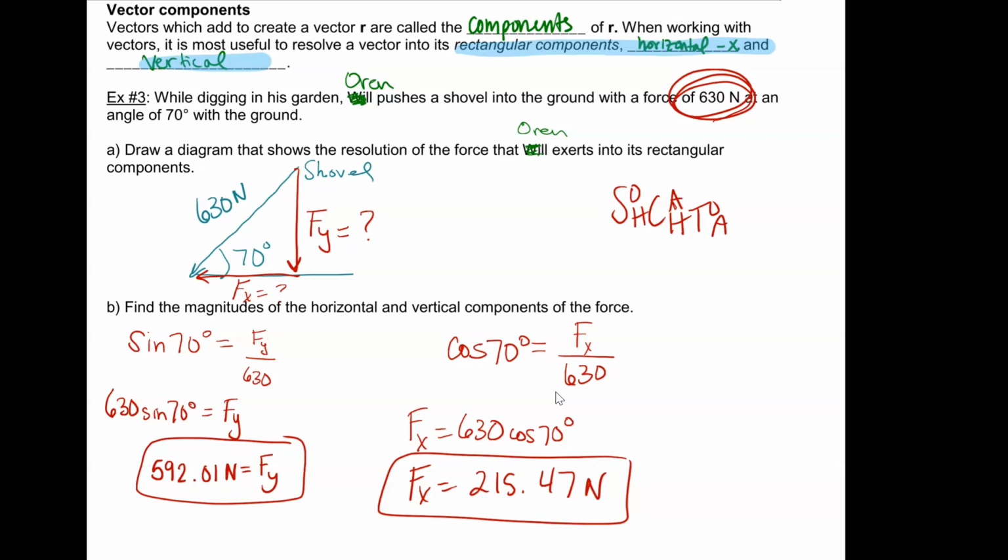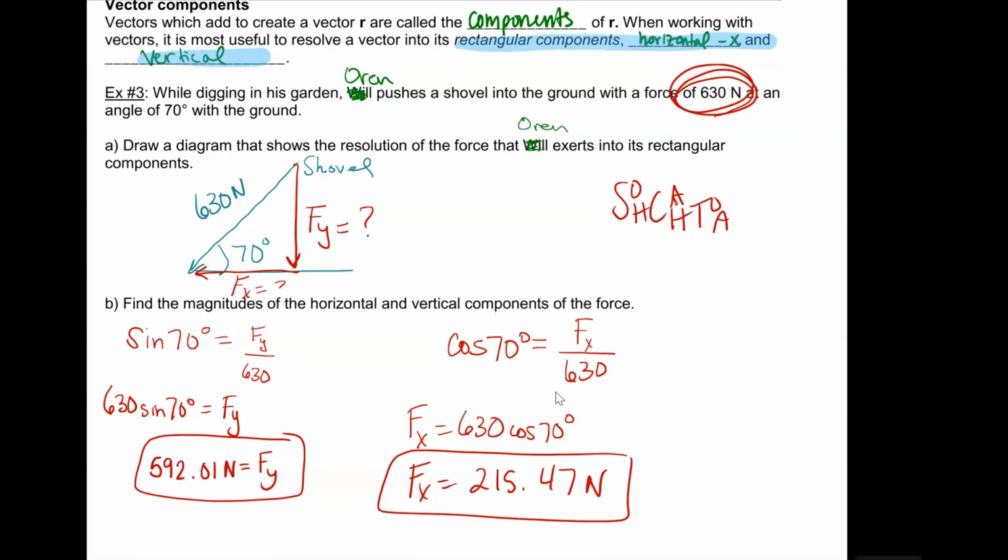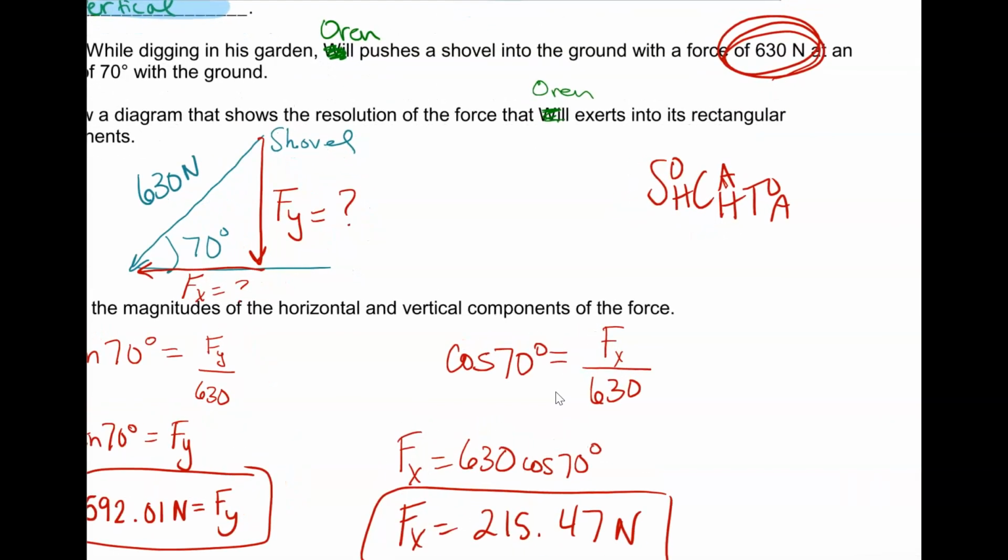All right, when digging in his garden, whatever, you can change it to your name, you push a shovel into the ground with a force of 630 newtons at an angle of 70 degrees with the ground. Okay, so you're pushing a shovel into the ground, and the angle between you and the ground is 70 degrees. Draw a diagram showing the resolution of the force that you exert.